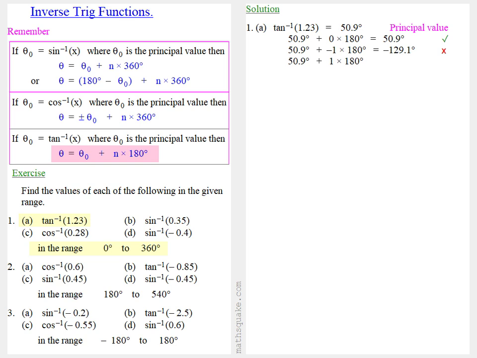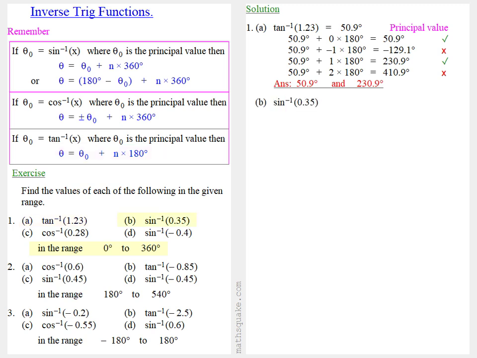If we took n is 1, we get 50.9 plus 1 times 180, which is 230.9 degrees, which is between 0 and 360, and so that is a possible solution. If we take n is 2, we get 50.9 plus 2 times 180, which is 410.9 degrees, which is too large. So the possible solutions are 50.9 degrees and 230.9 degrees.